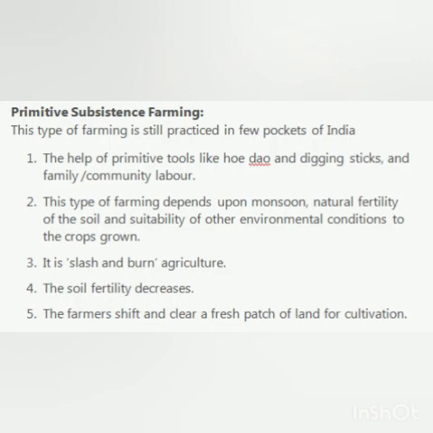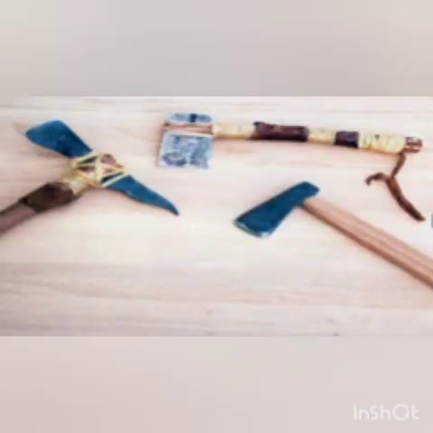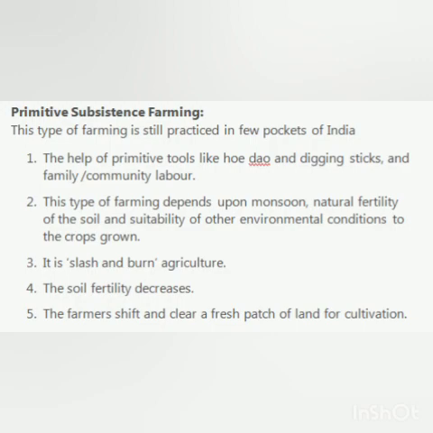Primitive subsistence farming. It is practiced on small patches of land with the help of primitive tools like hoe, dao, and digging sticks. It depends upon monsoon, natural fertility of the soil, and availability of other environmental conditions suitable to the crop grown.